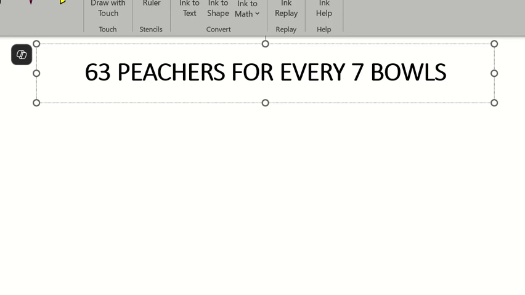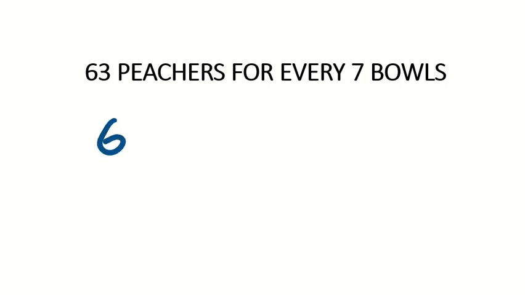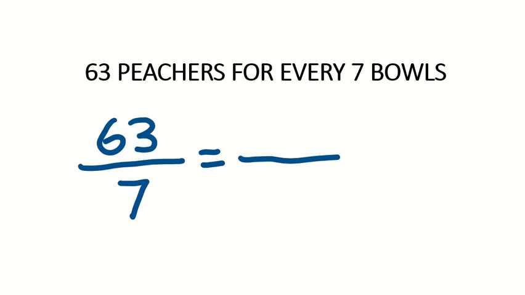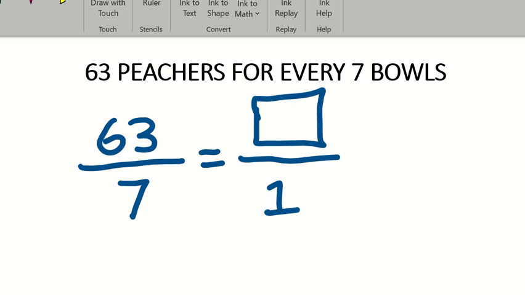So I'm going to go ahead and set up my rate first. 63 is going to be up top, representing my peaches, and the number of bowls, 7, is going to be represented on the bottom. I want to convert it to just one bowl, and then determine how much fruit to put in that bowl. Well, I can do it very much the same way I did the last one.